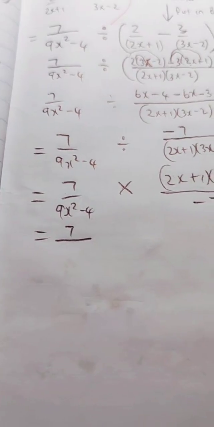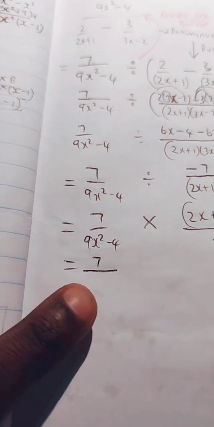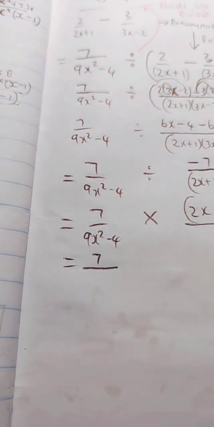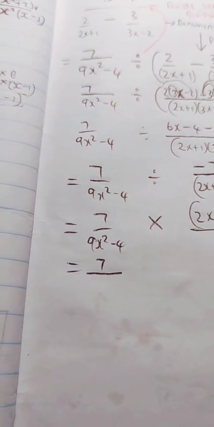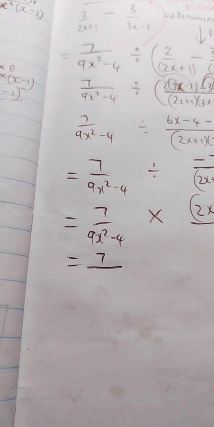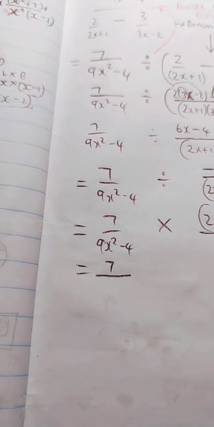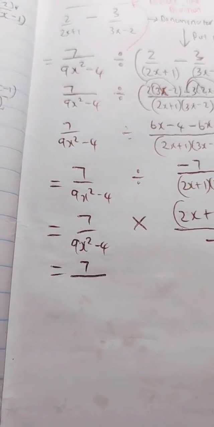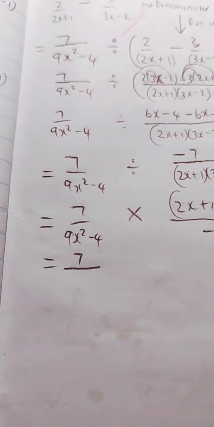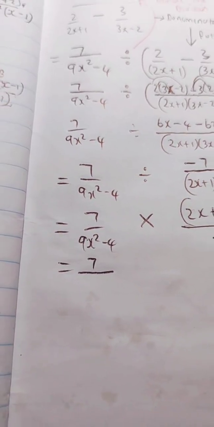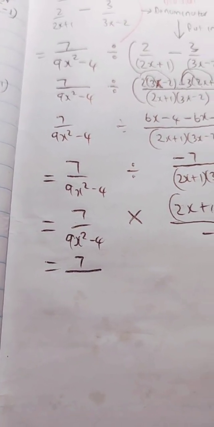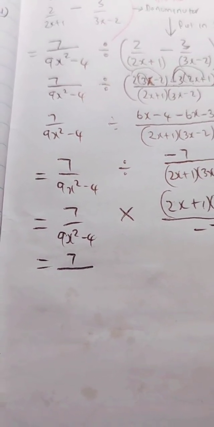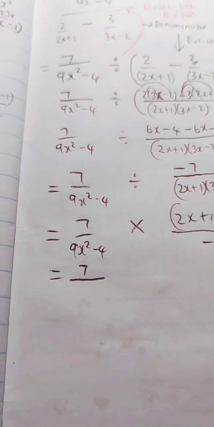9x squared minus 4. What type of factorization must we apply with 9x squared minus 4? How many terms do we have in the expression? 2. Should we apply the sign change rule? No. Is there a highest common factor? Yes, it's 1. But 9x squared minus 4 in brackets gives us a unique type of factorization, which we call what?